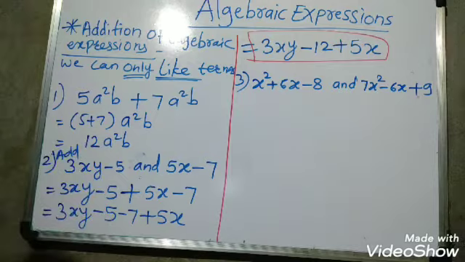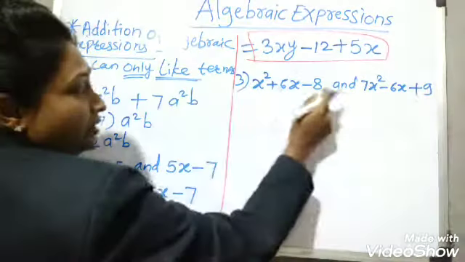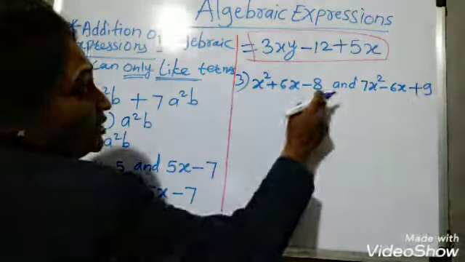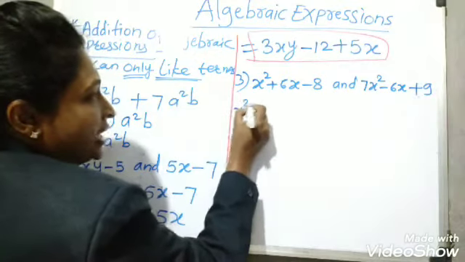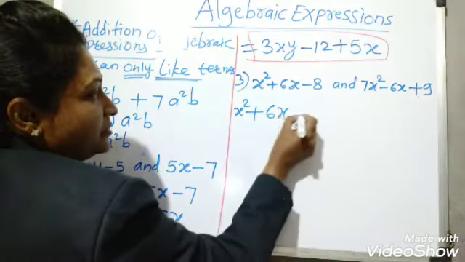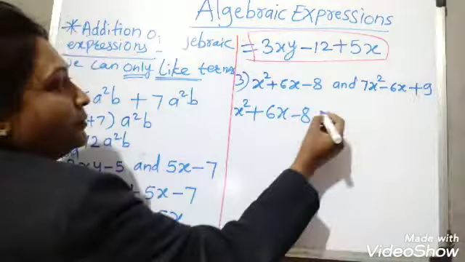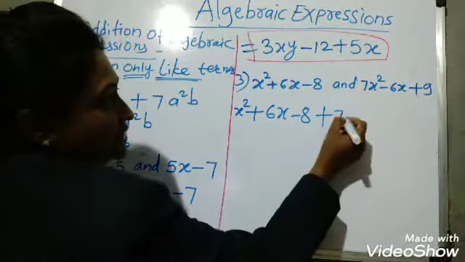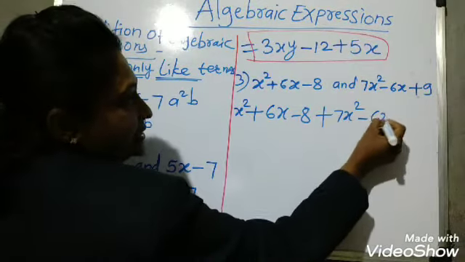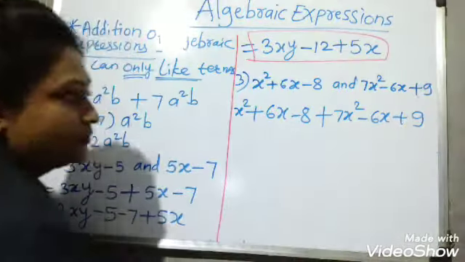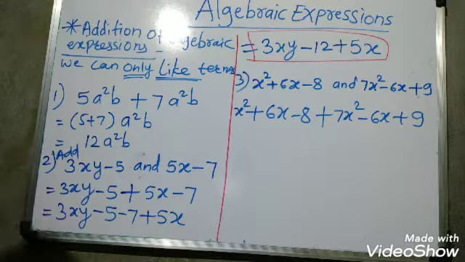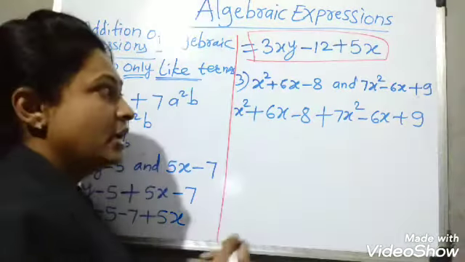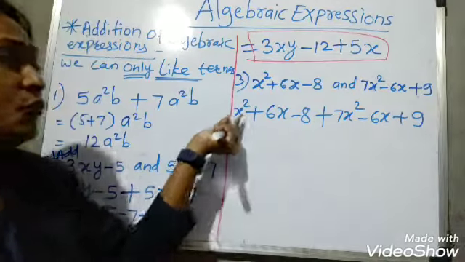Now how do you have to do it? See, first write down the first expression, x square plus 6x minus 8, plus here 7x square minus 6x plus 9. Now always remember, whenever you are solving these examples, first see whatever like terms are there.